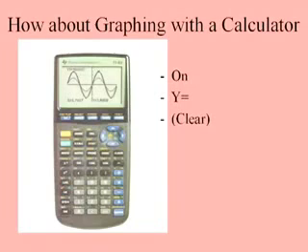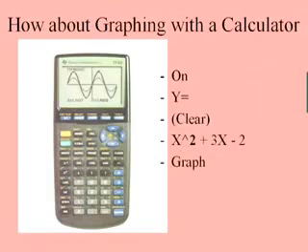So hit the clear button. And then type the equation we just did, x to the second, or x squared, plus 3x minus 2. And then hit graph, and son of a gun, you'll see the picture. Now if you want to get rid of it, hit clear.